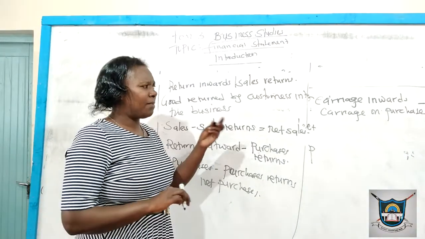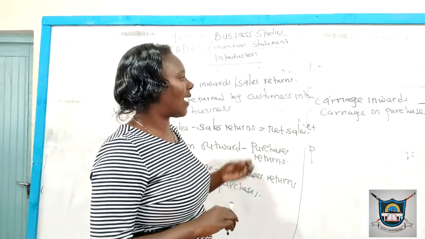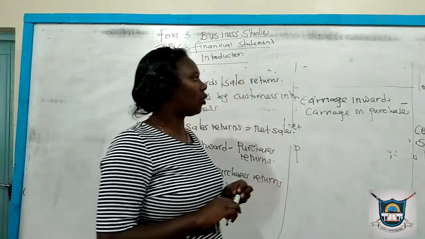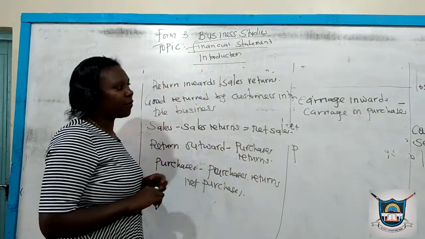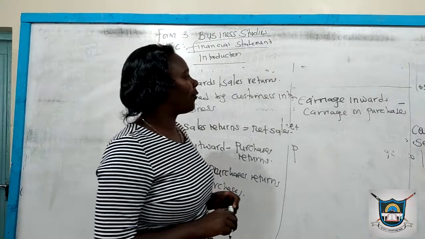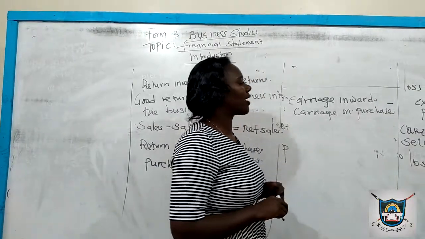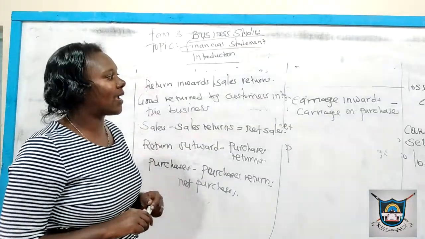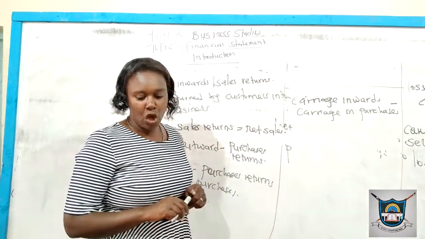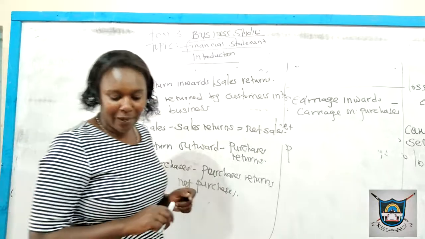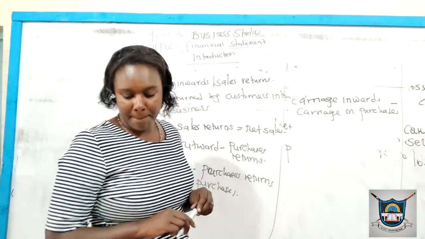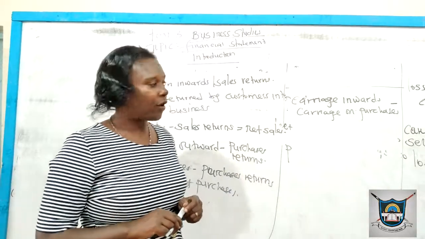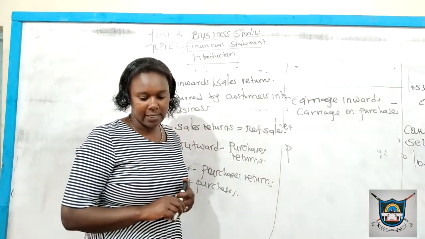What do we mean by this? If you are in a business, you buy goods from the wholesalers, stock from the wholesalers. If you incur any cost to transport those goods to the business, we call that cost carriage inward or carriage on purchases. And usually they are added to the purchases when calculating gross profit or gross loss.